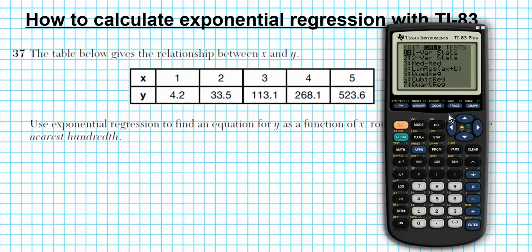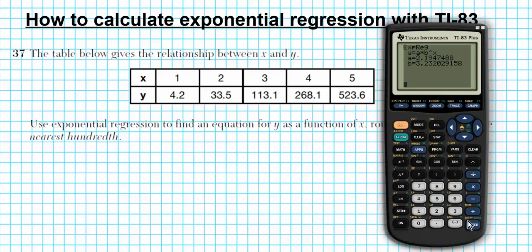We just keep scrolling until we find it, and there you have it, option number 0. Press Enter. You don't have to enter anything. It automatically takes the information you stored in those two lists and calculates exponential regression using those two. Press Enter, and this is the answer you get.